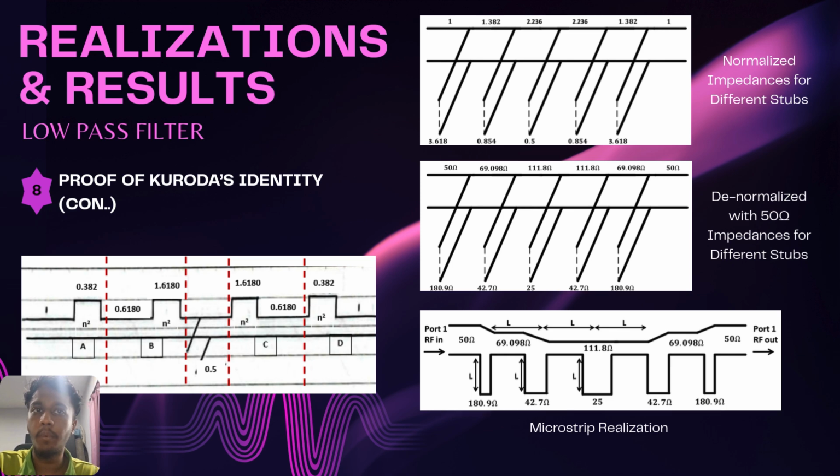The 180.9 ohm lines, A and D, are identical, so they will be thin. And for B and C, 42.7, it must be thicker than A and D. And the middle one, the 25 ohm, will be much thicker than the others. So this is our final output of the microstrip realization.